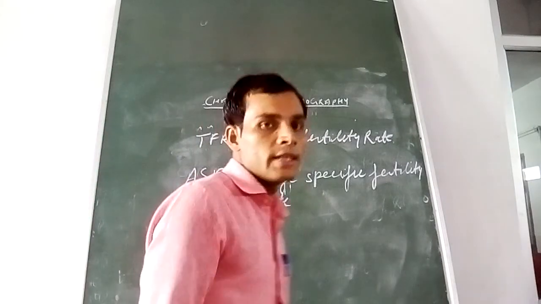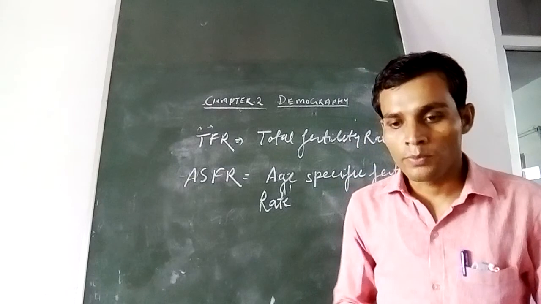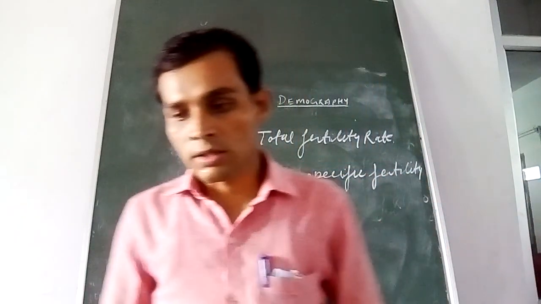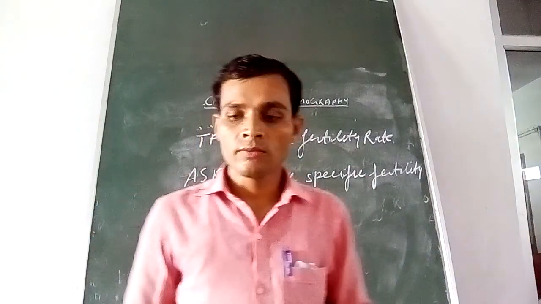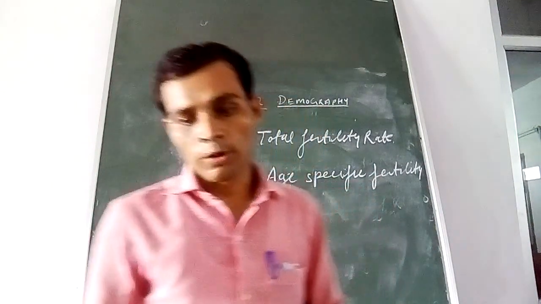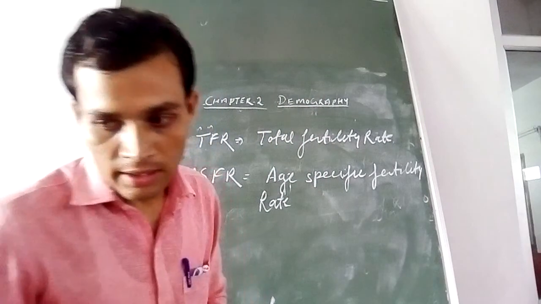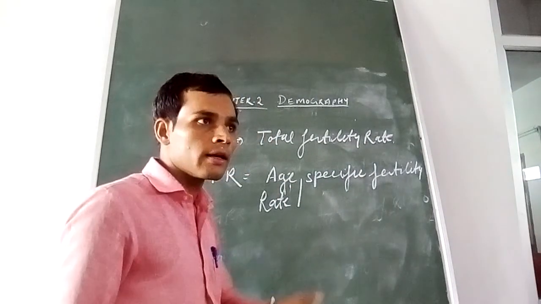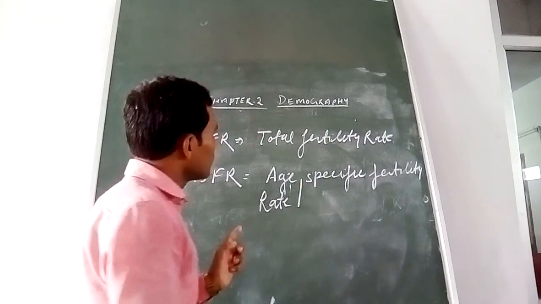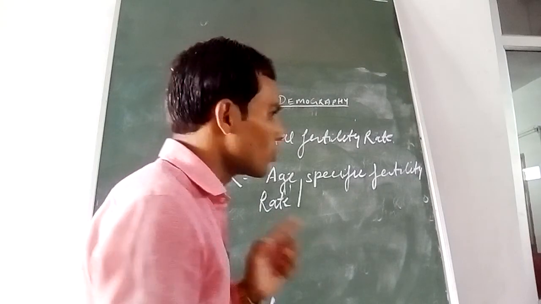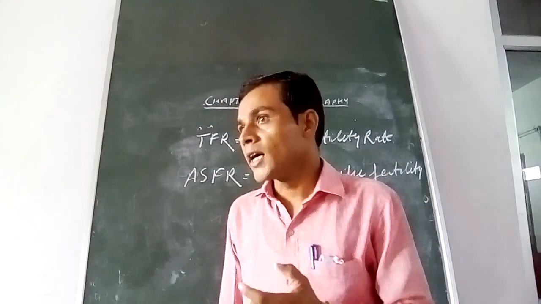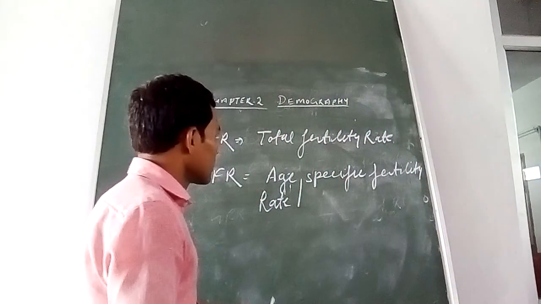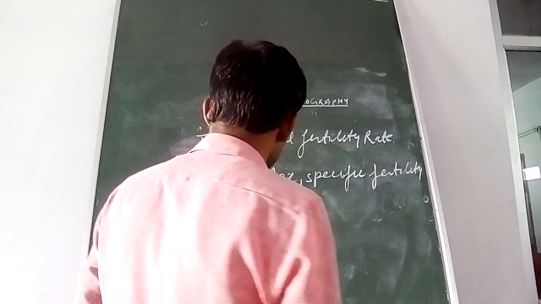It is the number of live births per 1000 women in a specific age group, calculated for a specific period of time, usually a calendar year, according to the age group, like 15 years old, the young population. So this is the ASFR, age specific fertility rate.